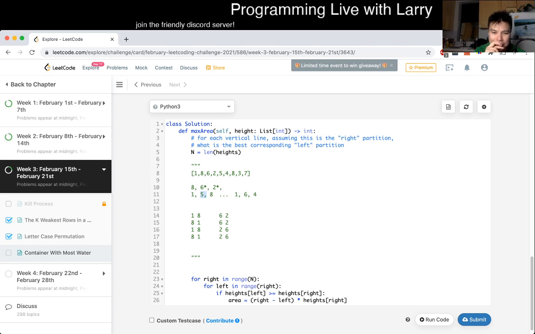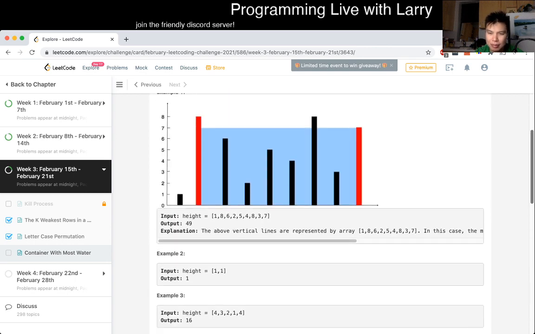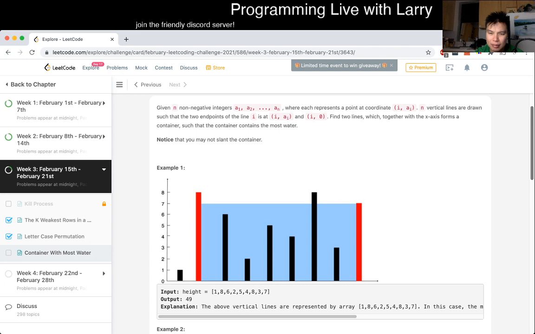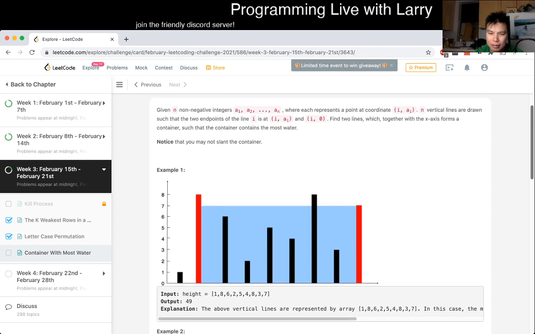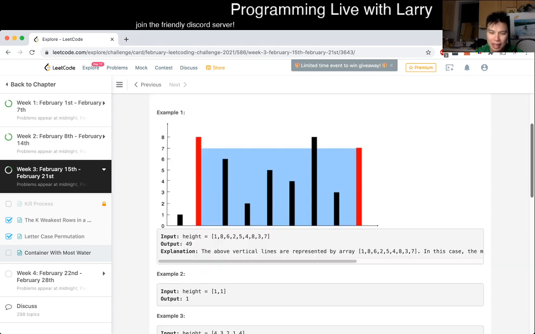But it might be that I'm asking the wrong question for this one. Let me look at the problem for a second. And also there's a tie, so 8 and 8.